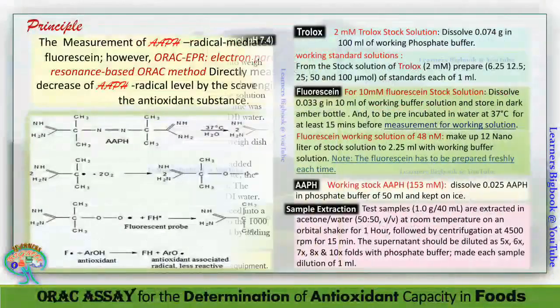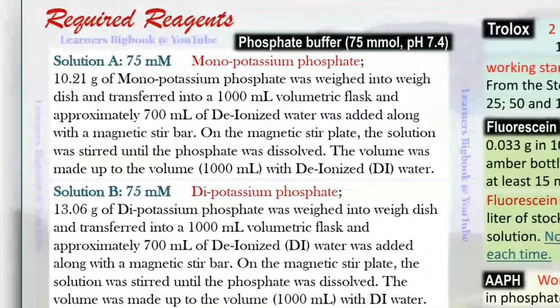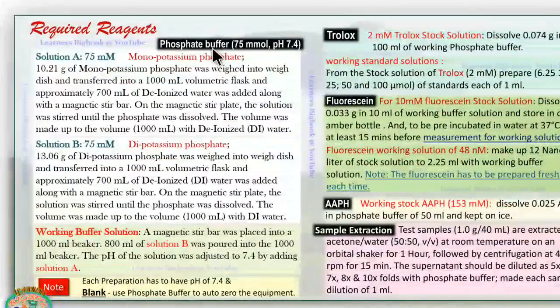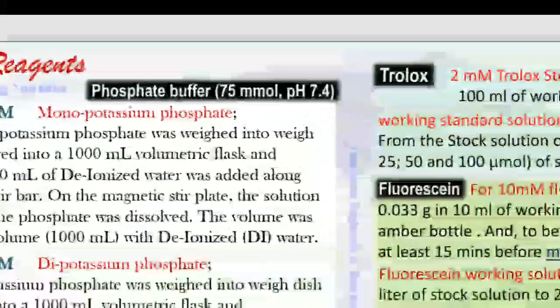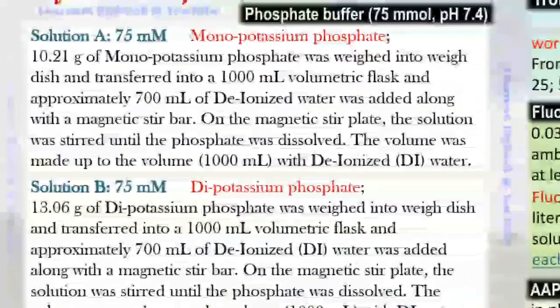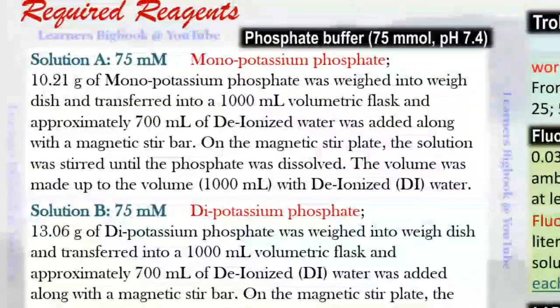And further are the required reagents. Here the required reagents are the phosphate buffer, the blank, the Trolox, Fluorescein, AAPH, and sample extraction. Now you have to prepare the phosphate buffer as has been spoken here, where you are going to take 10.21 grams of monopotassium phosphate.